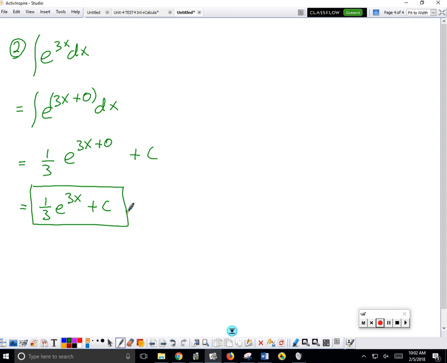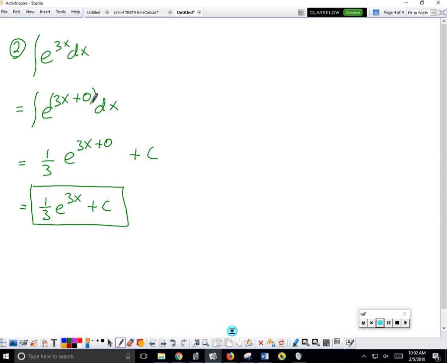That's why we refer to it as C instead of 0. This was the b value, that is 0. We'll eventually get information that will allow us to find the constant, but in many cases you're not asked to find it. You're just asked to leave it as plus C. Anybody else?